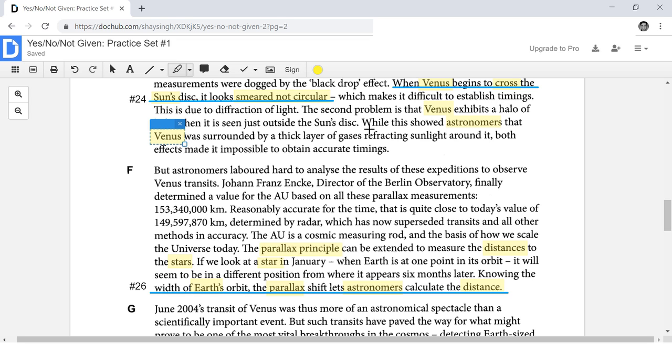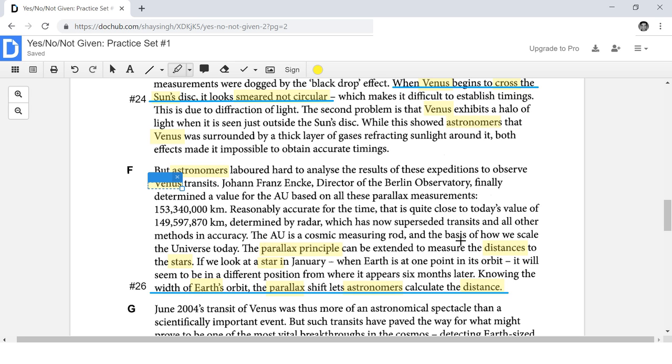I have a feeling that our answer might be somewhere around here. While this showed astronomers Venus was surrounded by a thick layer of gases, refracting sunlight around it, both effects made it impossible to obtain accurate timings. It says nothing about toxic here either. Let's see here. Something about Venus. Not sure if that's going to help us.